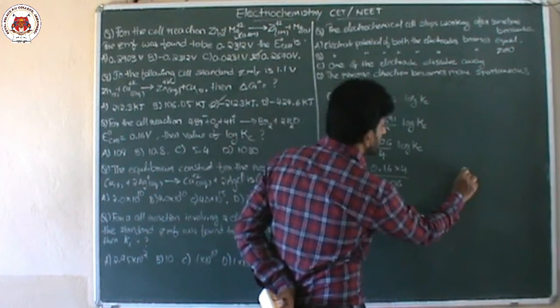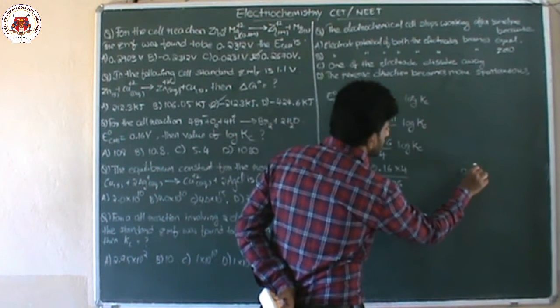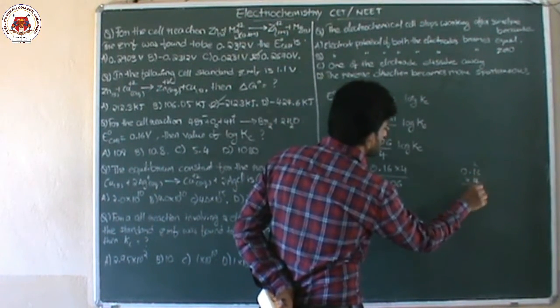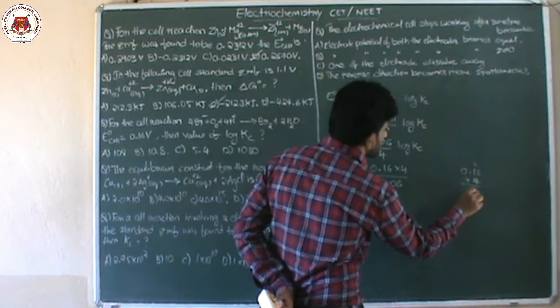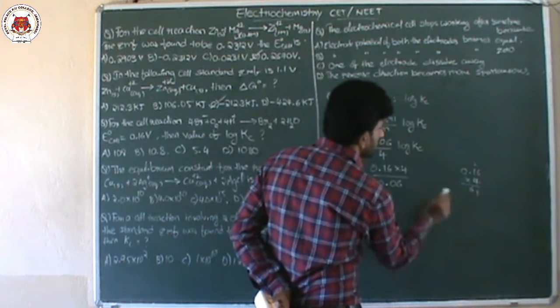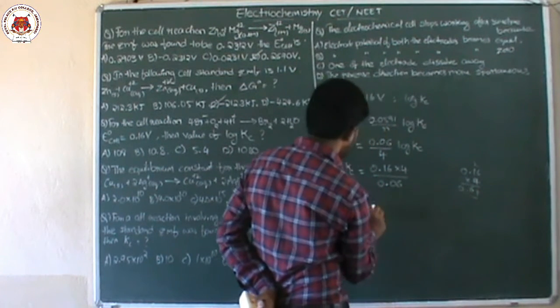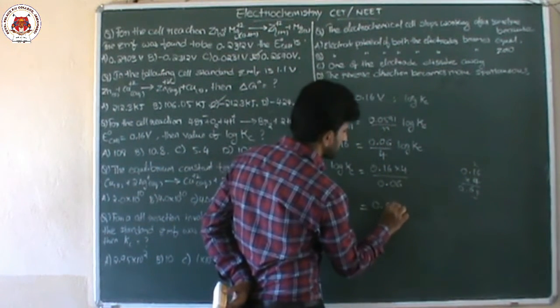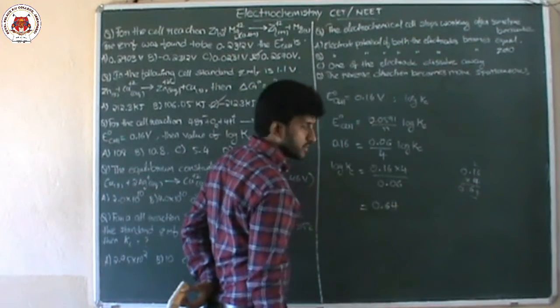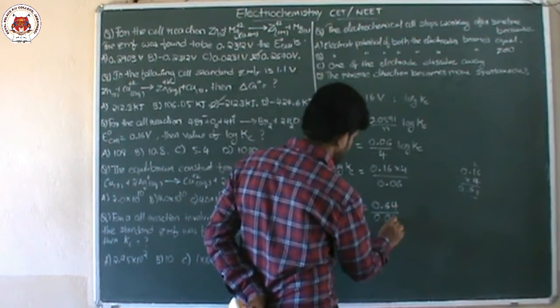You can get that: 0.16 into 4 is 0.64. It is 0.64 divided by 0.06.